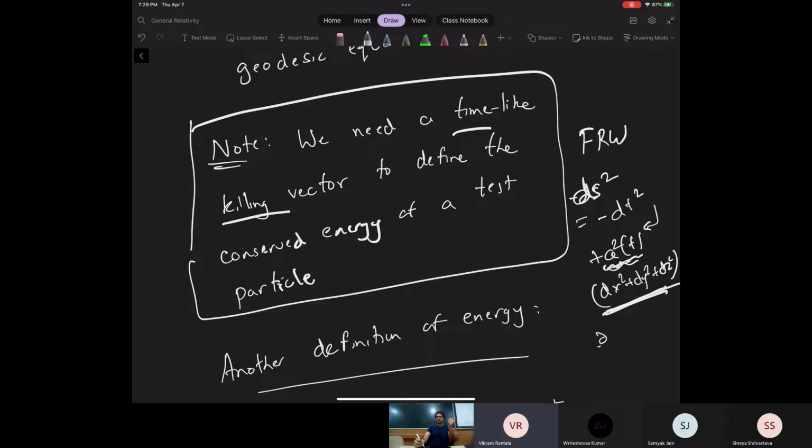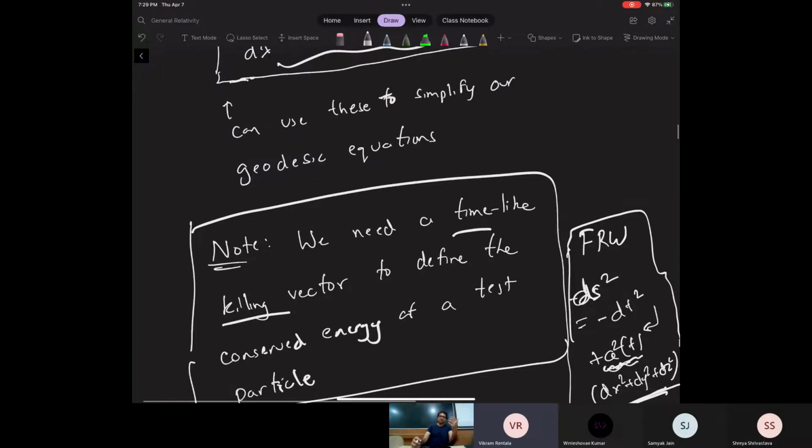In this case, ∂_t will not be a Killing vector, and energy of a particle will not be conserved. So this is an example relevant when you study cosmology, where the energies of particles are not conserved. One way to understand this is in an expanding universe: the wavelength of a photon gets stretched by the expansion of the universe, and so its energy, hc/λ, becomes smaller.